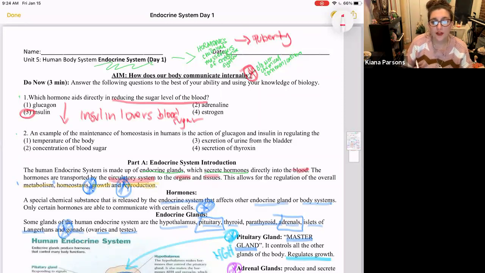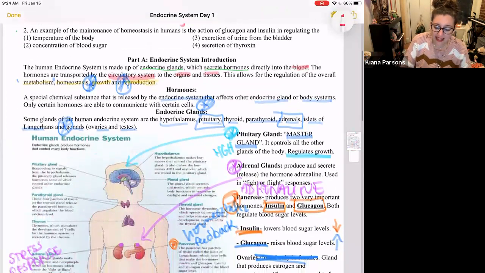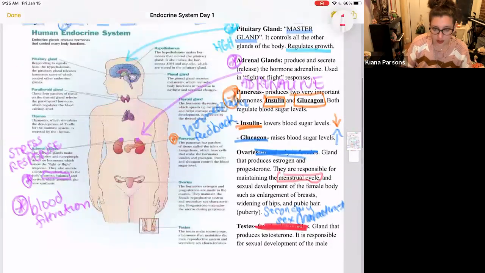And we will, again, talk more about the specific mechanisms of the communication within the endocrine system as we go on to days 2 and 3. And an example of maintenance of homeostasis in humans is the action of glucagon and insulin in regulating the concentration of blood sugar, right? Which we discussed just here below.